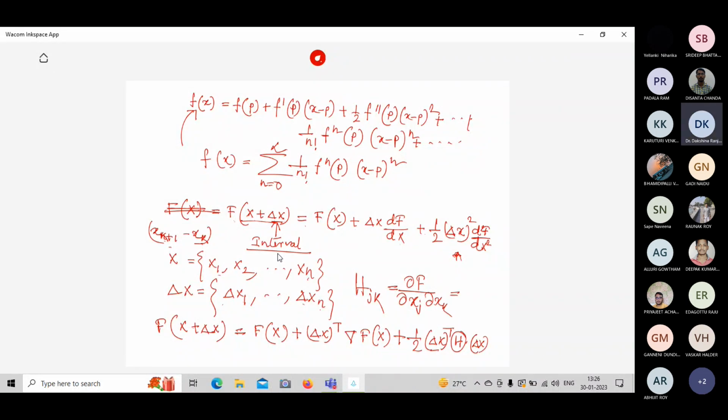The Hessian matrix is symmetric, so we can write hjk equals hkj. We can write this because the Hessian matrix is found to be symmetric. Therefore, for the single variable as well as for multiple variables, we can get the Taylor series expansion for the first three terms.